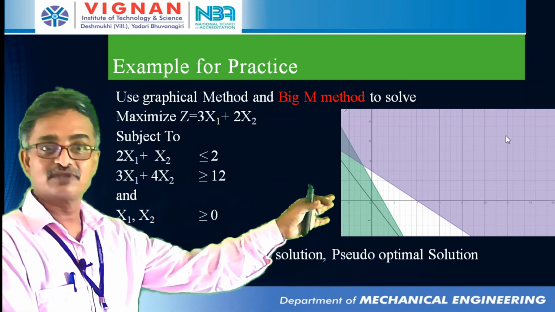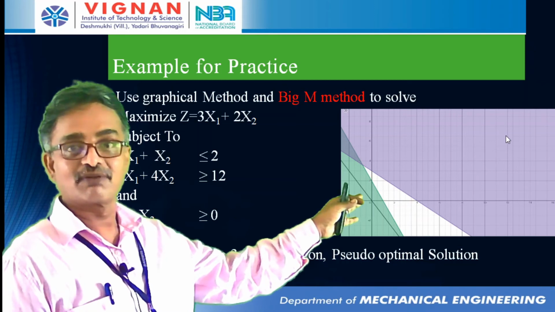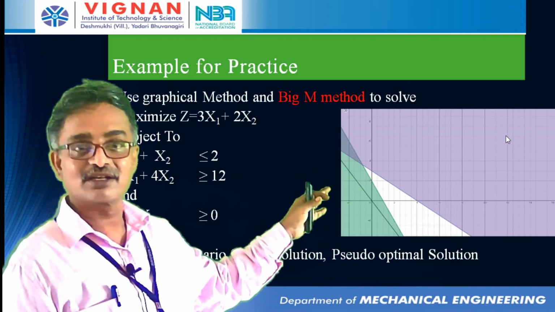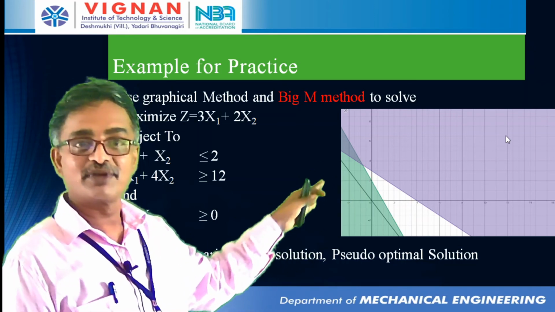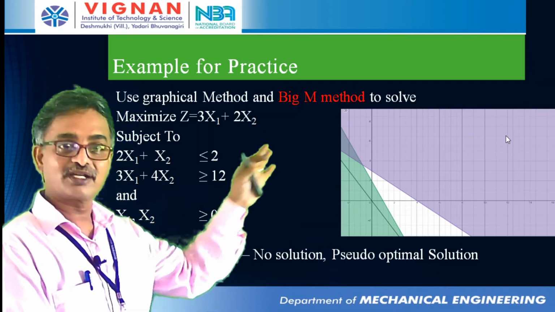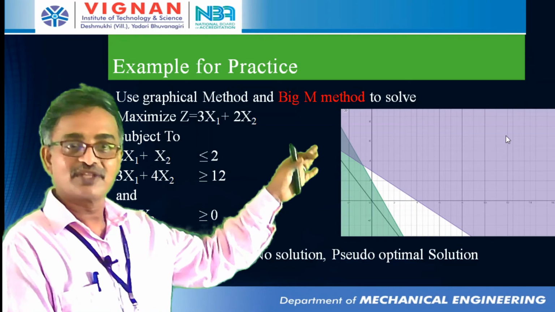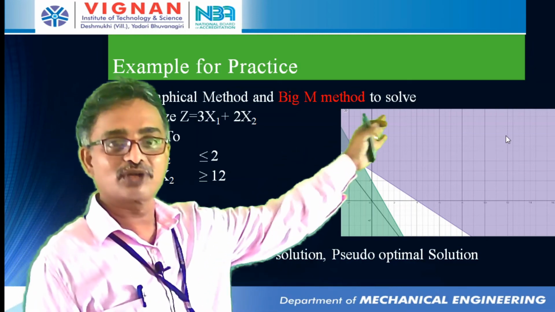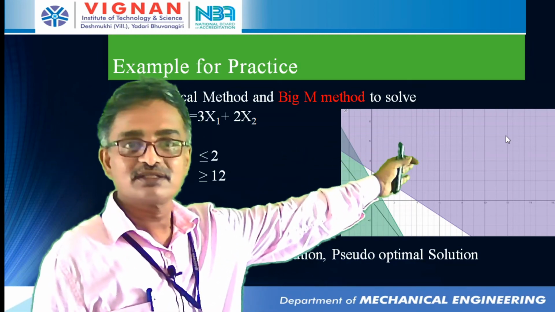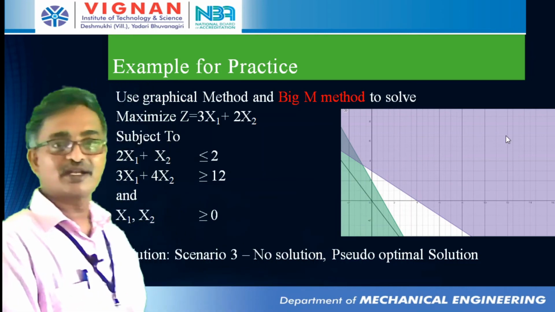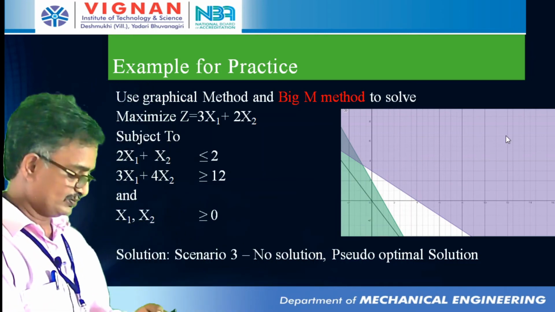This can be visualized through the graph here. The constraints are drawn, and the common area is in the second quadrant. That is not our case, because x1, x2 are not negative, and we don't have any common area in the first quadrant where both x1 and x2 are positive.